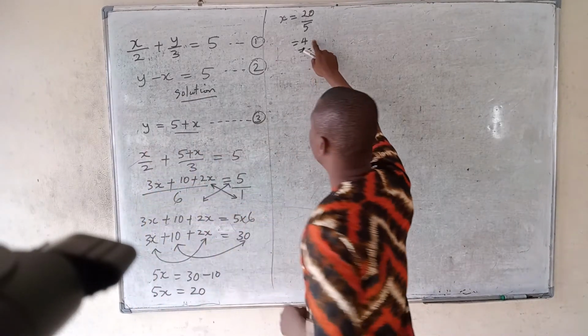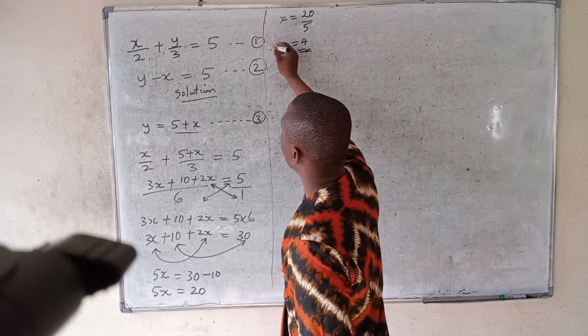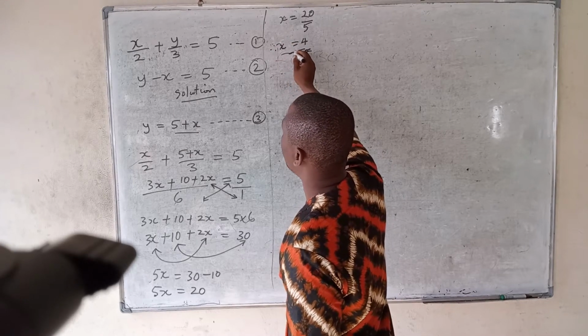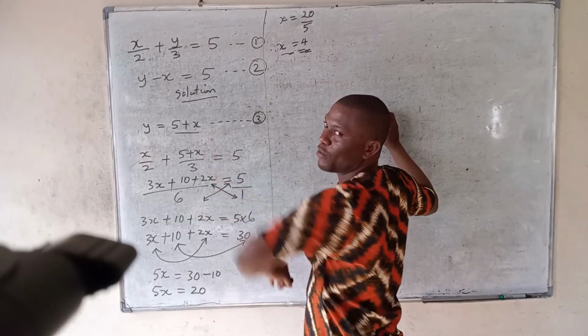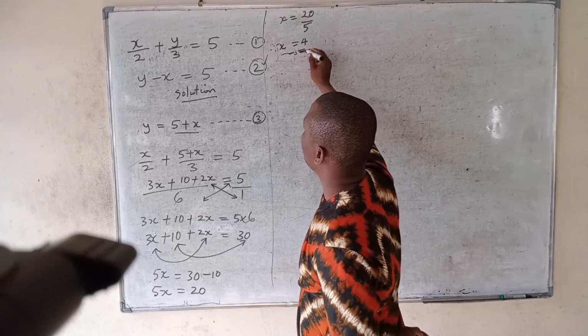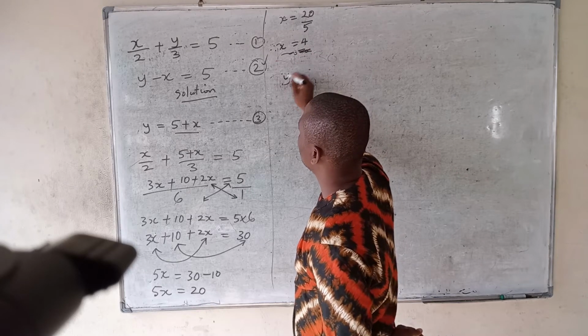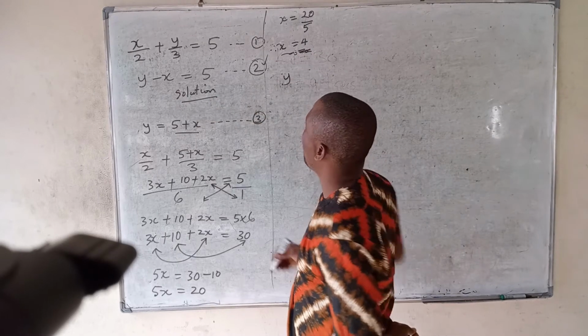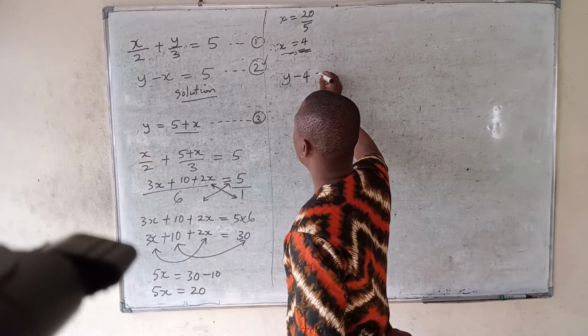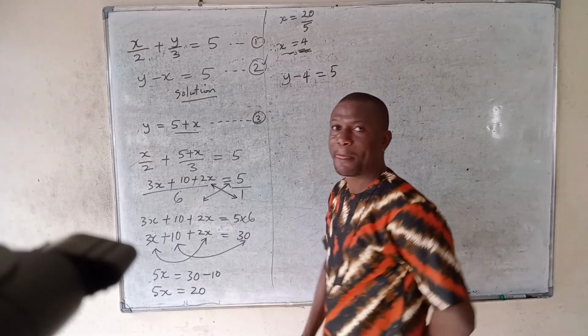Now to get the value of y, you substitute the value of x into either of these equations. So let's take equation 2 and substitute the value of x to get y. So using equation 2, we have y minus, what is x? 4, which is equal to 5.